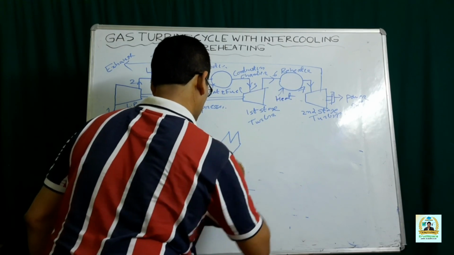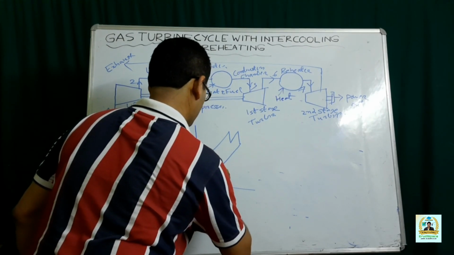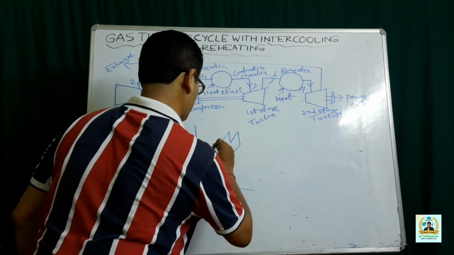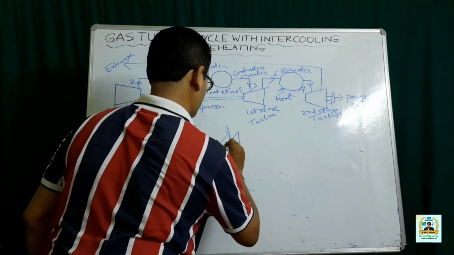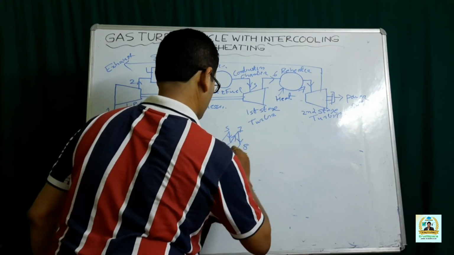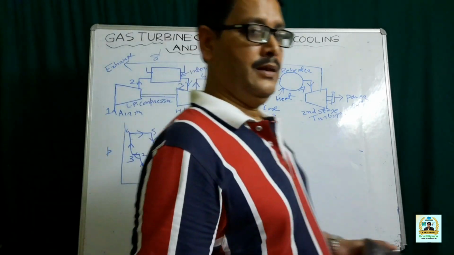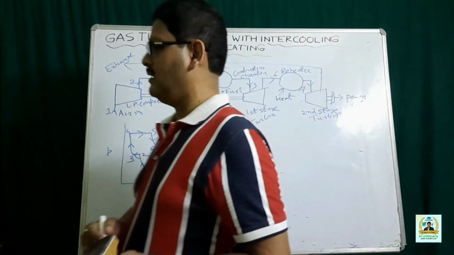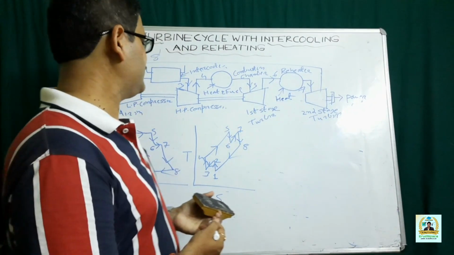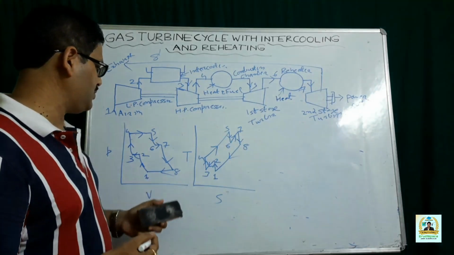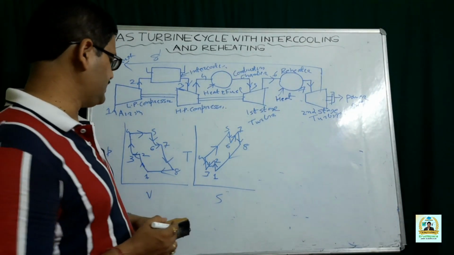The same thing is shown in the temperature entropy diagram. Now let me explain the different processes, and we'll analyze how there is an increase in specific work output by providing such arrangements.